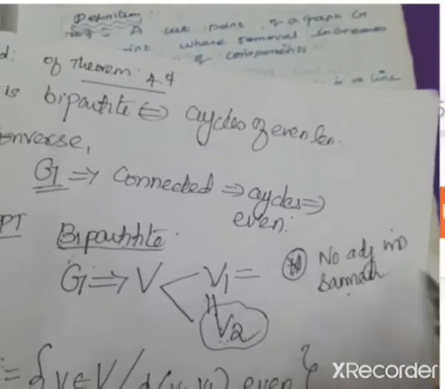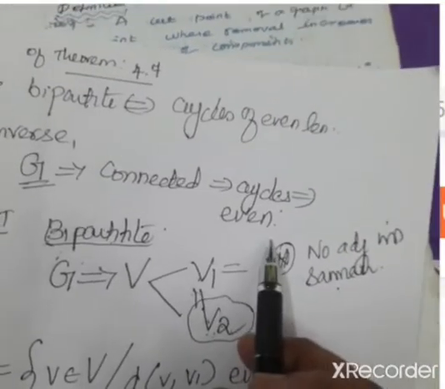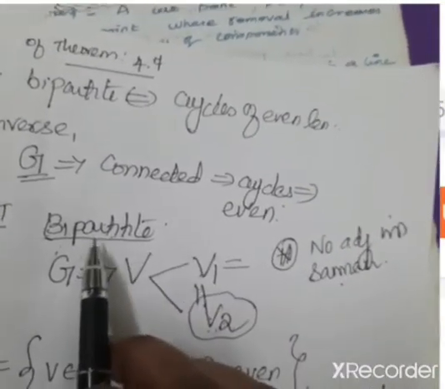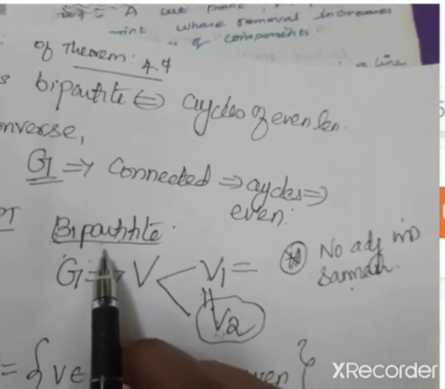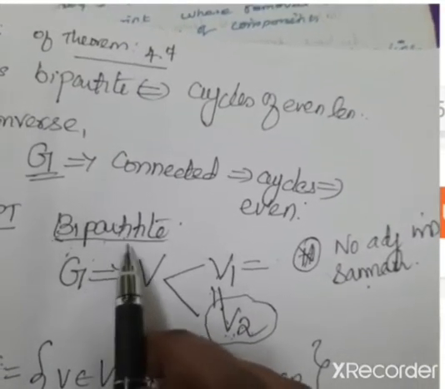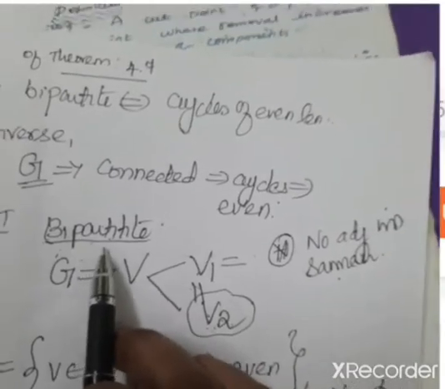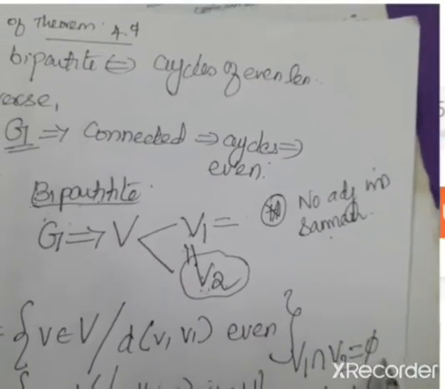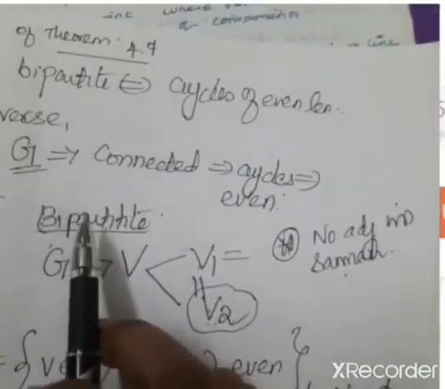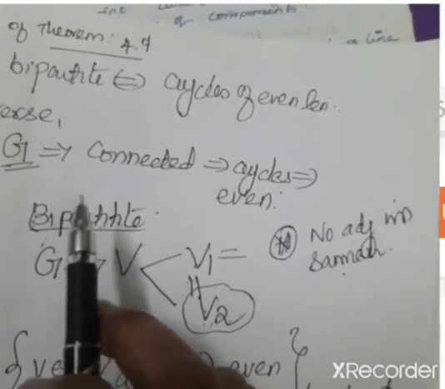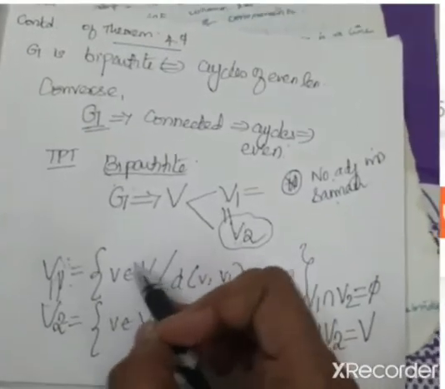So we are going to prove this theorem by contradiction. I am going to say that the graph is not a bipartite graph, and then we will end up in a contradiction. To say the given graph is not bipartite, I need to say that there exists an adjacency between elements of the same set.